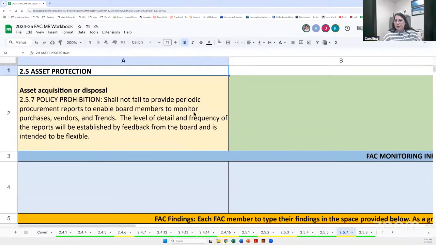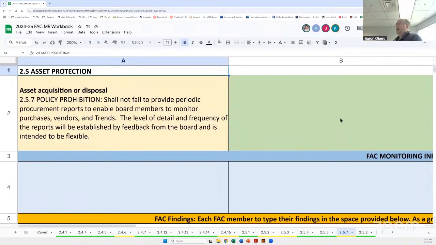Yes, it is, Aaron. So this says that the superintendent shall not fail to provide periodic procurement reports to the board. The level of detail and the frequency of those reports will be established by feedback from the board and is intended to be flexible.